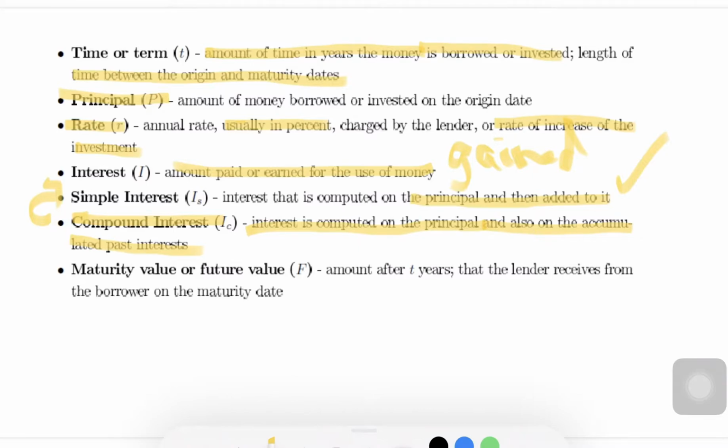So we will tackle this one on the next topic. Then maturity value or future value is the amount after 3 years that the lender receives from the borrower. So if you are the lender, the maturity value or future value will be the value that you will receive from your borrower.